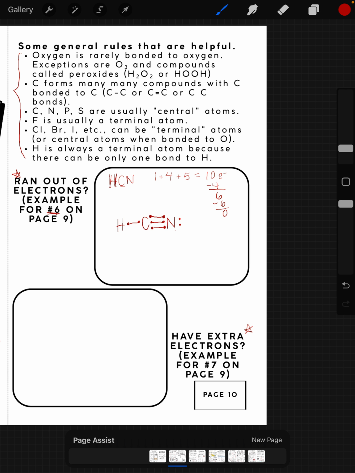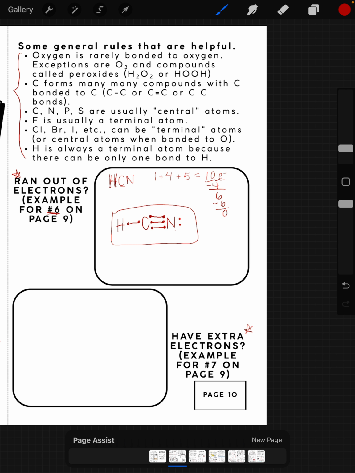And we have a total of 10 electrons, which is the only amount we were allowed to have anyways. So this would be a valid Lewis structure for HCN. Okay, so basically if you run out of electrons, you're going to start doubling up. You're going to start making double bonds. If you think about it this way, if you run out of rooms in your house for people, you start making bunk beds, right?